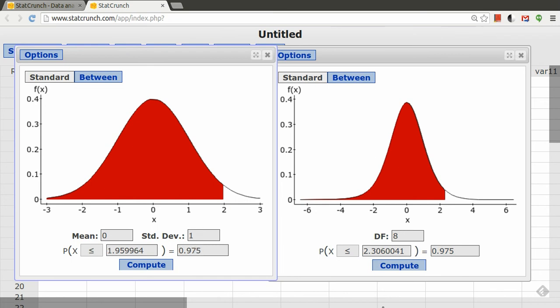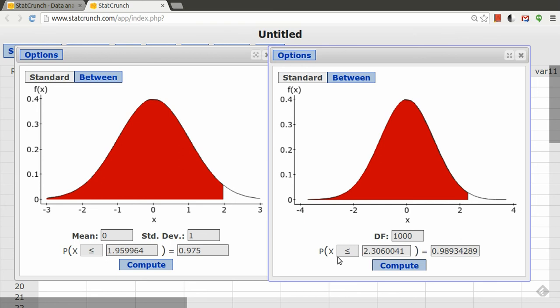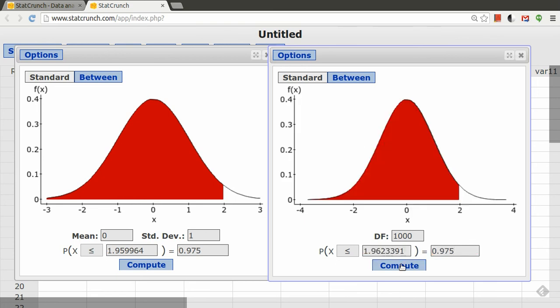The difference here is entirely driven by how thick these tails are. Now, if I make this value very, very big and compute it, we get down to very nearly our value for the normal. That change is just about these tails becoming thicker or thinner based on these degrees of freedom.